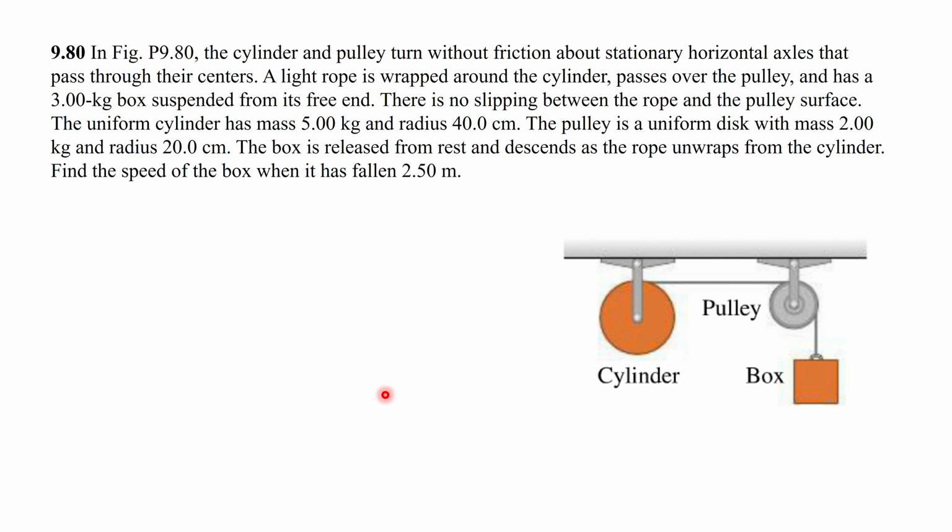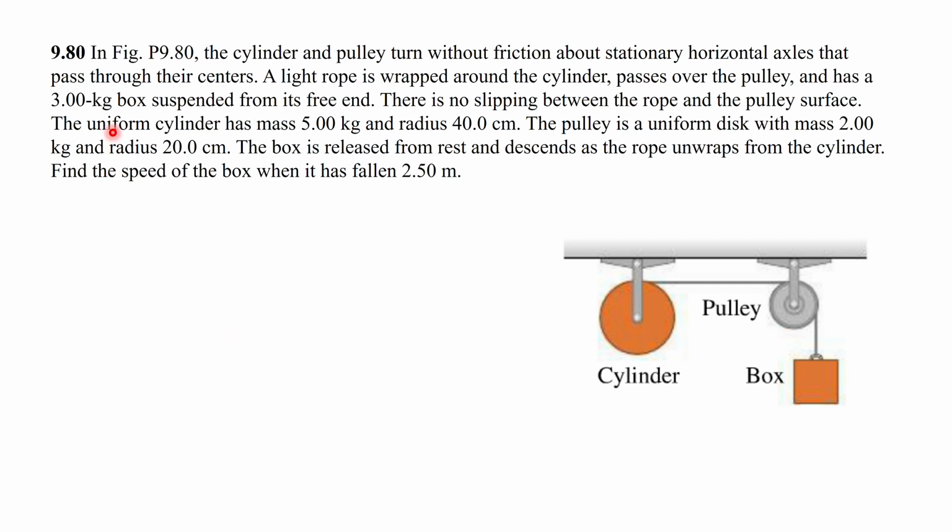The last question, the last problem for the homework. There is a diagram, and we can see a cylinder, a pulley, and a dropping box. This problem is about a dropping box that has a speed, and the cylinder and the pulley have a speed, and we are going to calculate the speed.